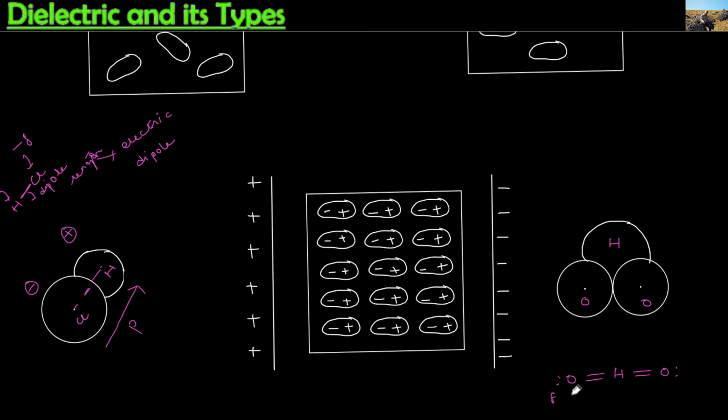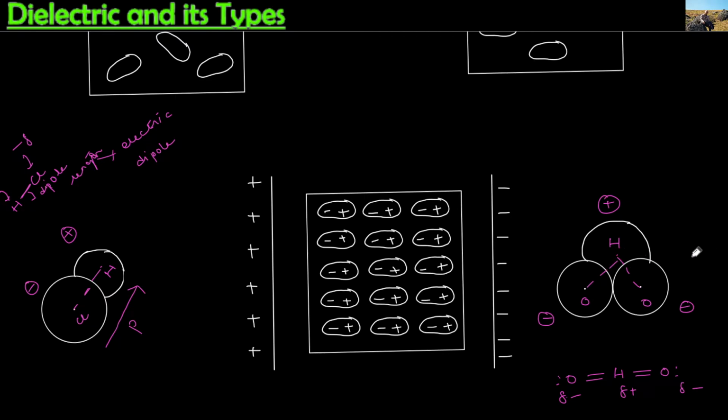Over here the oxygen will be delta negative, and on the hydrogen atoms you will have delta positive, which means the hydrogen atoms will be the positive end and the oxygen atom will be the negative end.